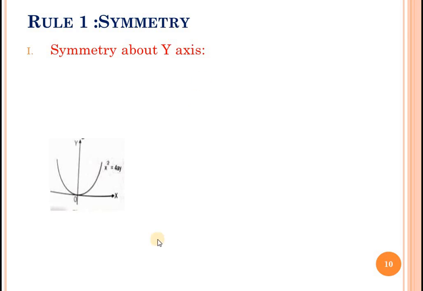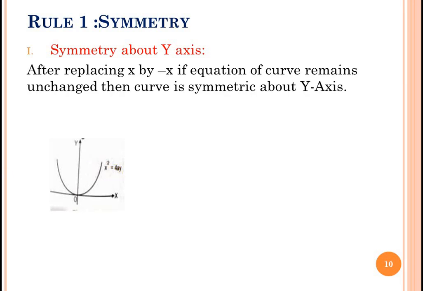Now we see symmetry about y-axis. Again see x square is equal to 4ay. It is the parabola symmetric about y-axis, and here also this curve is symmetric about y-axis. So the condition for symmetry about y-axis is, after replacing x by minus x, if the equation of the curve remains unchanged, then the curve is symmetric about y-axis.